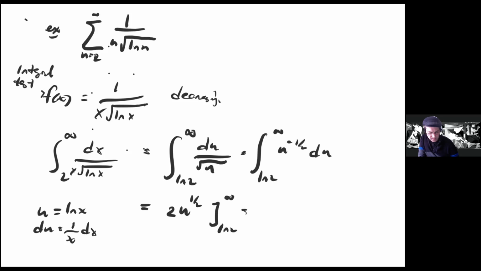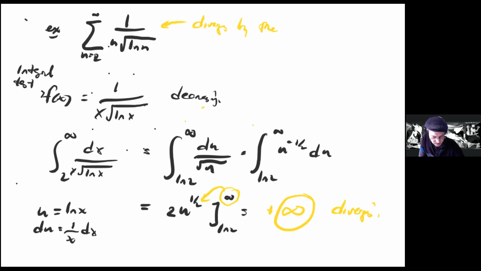Now the problem with this is when you stick infinity into u to the 1/2, it blows up. So this is going to be plus infinity. So it diverges. Therefore this series diverges by the integral test.